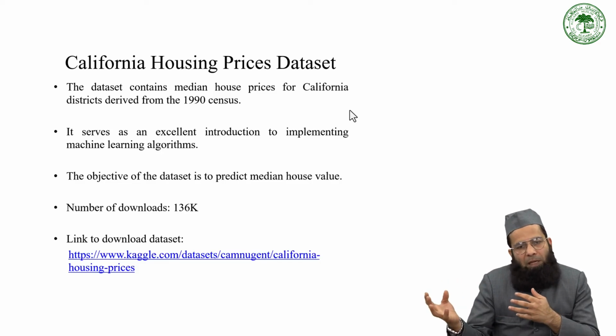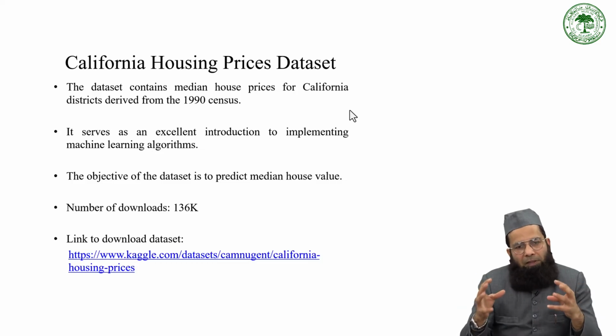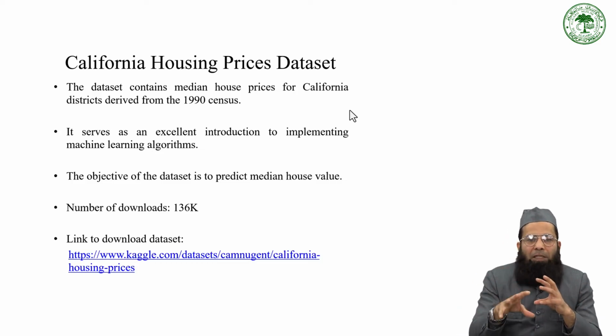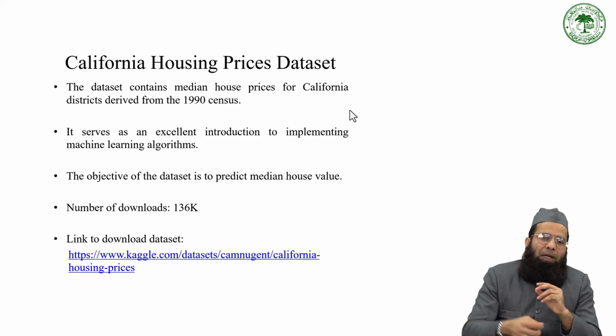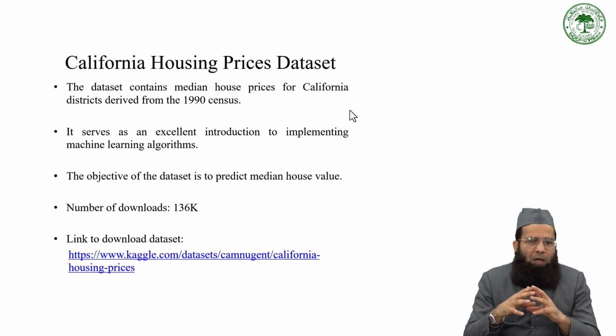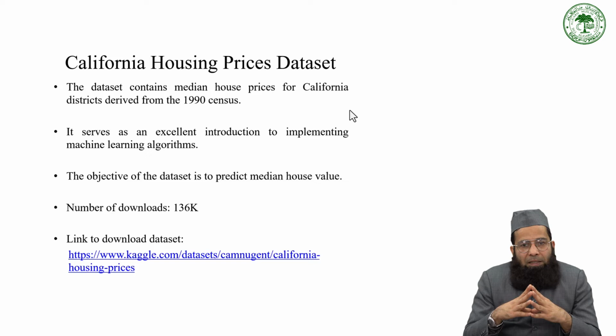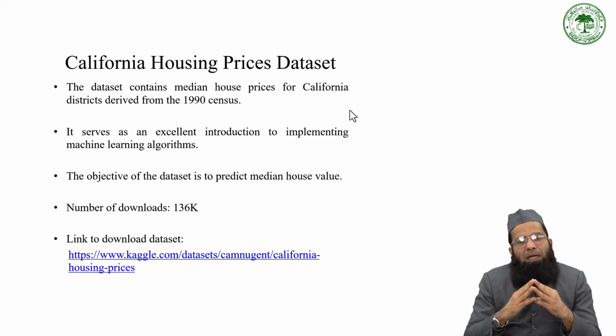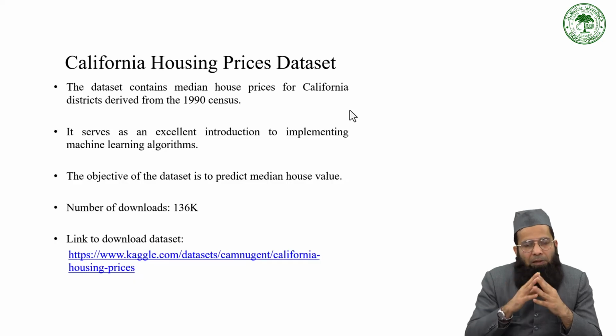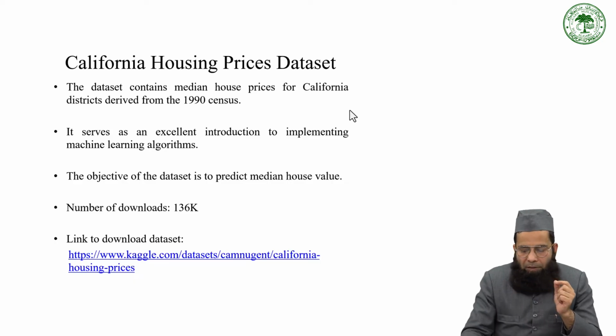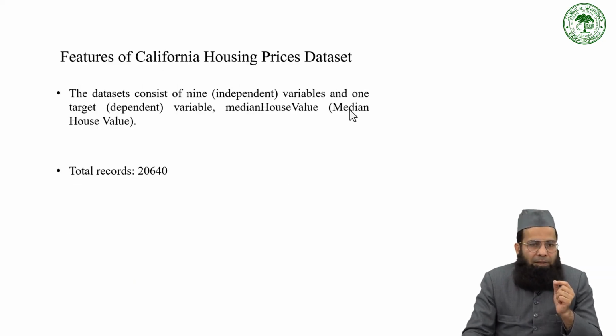What a classification type of problem and regression are, we'll discuss. So it's a regression type of problem where you need to predict the value, the median house value. As far as downloads of this dataset are concerned, it has been downloaded 136,000 times. And here you can find the link to that dataset.